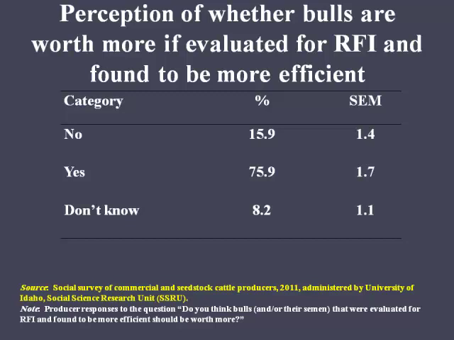So this is the second survey, and this was a telephone survey, and these are producer responses to the question, do you think that bulls and or their semen that were evaluated for RFI and found to be more efficient should be worth more? It's a slightly differently framed question, but we wanted to get into more detail because it was really clear from the initial survey that people really had little understanding of what the cost was to test animals or what the value might be in return to them.